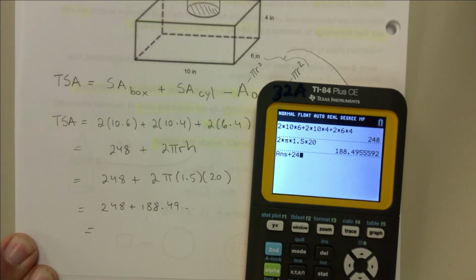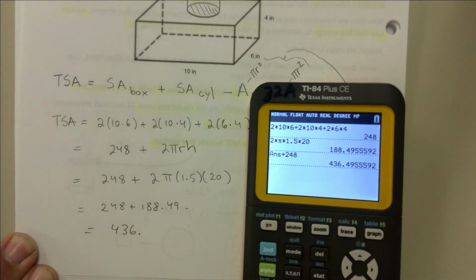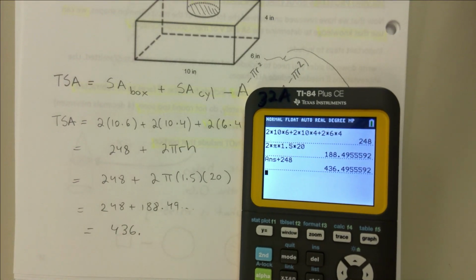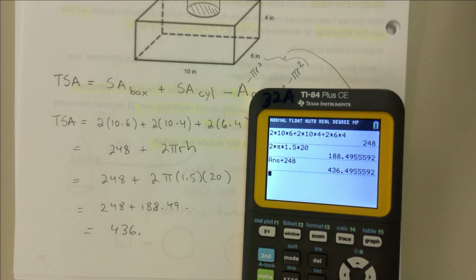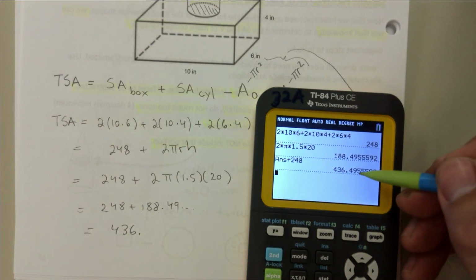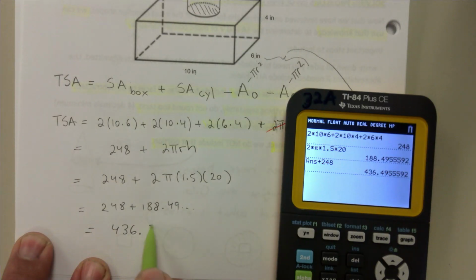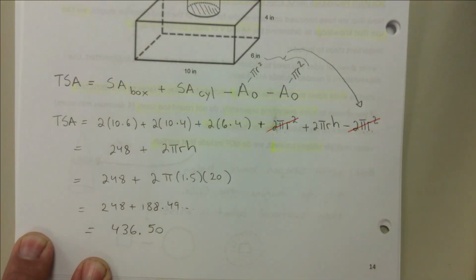So just add 248 to this, and you end up with 436 point, what do we round that to? 50, right? The 9 bumps the 4, because this 5 will bump that to a 10, which bumps this to a 5. So it's really 50, right? And we are in squared inches.